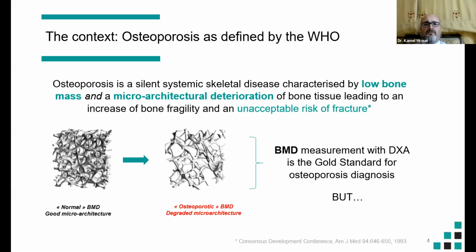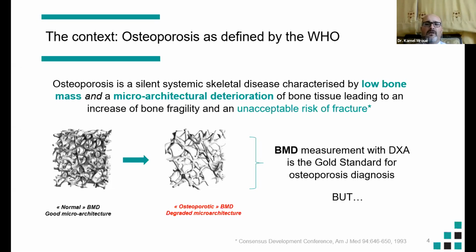WHO has defined osteoporosis as a silent systemic skeletal disease characterized by low bone mass and a microarchitectural deterioration of bone tissue, leading to an increase of bone fragility and an unacceptable risk of fracture. So with osteoporosis, we have mainly two things.